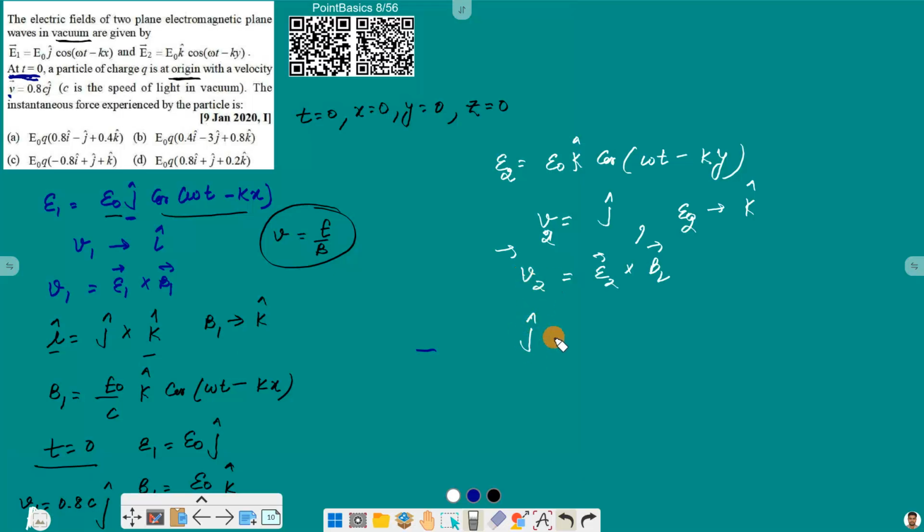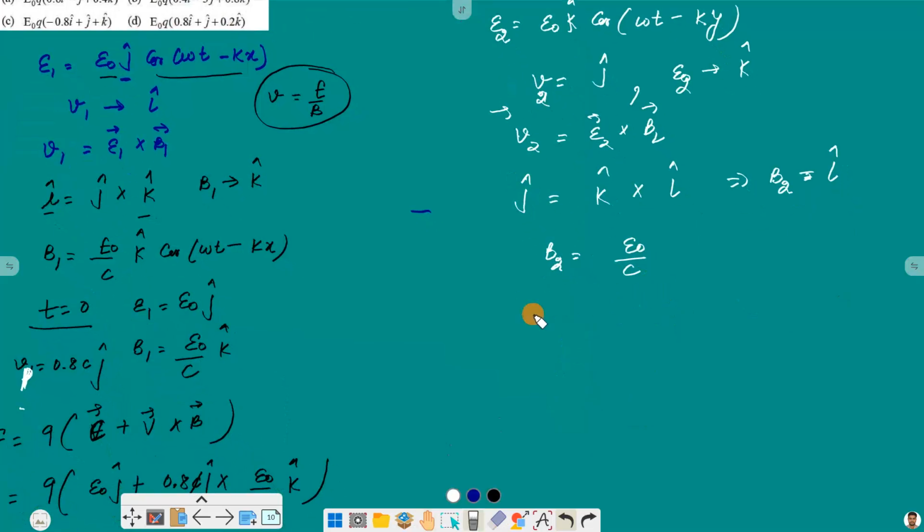Now v2 is along j, E2 is along k, so B2 has to be along I direction, since k cross I gives j. Similarly, the magnitude of B2 will be E node by C again. So the expression for B2 is E node by C in the direction I, times cos of omega t minus ky.